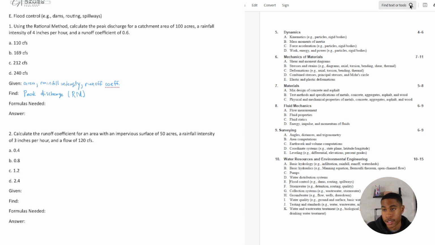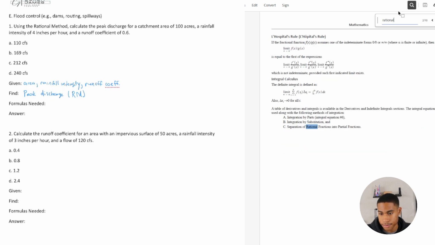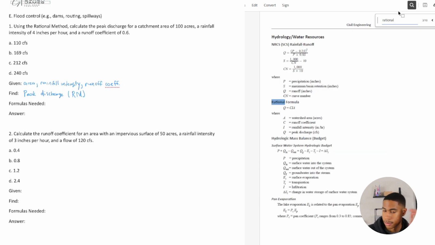Okay, so I don't know what the rational method is. I'm searching rational method in my FE handbook. Three things come up: rational formula, rational method. Okay. Q, which is peak discharge. That seems like what I'm trying to find, right?